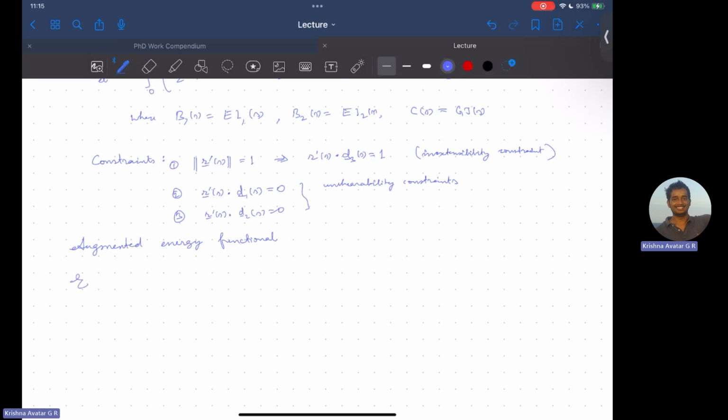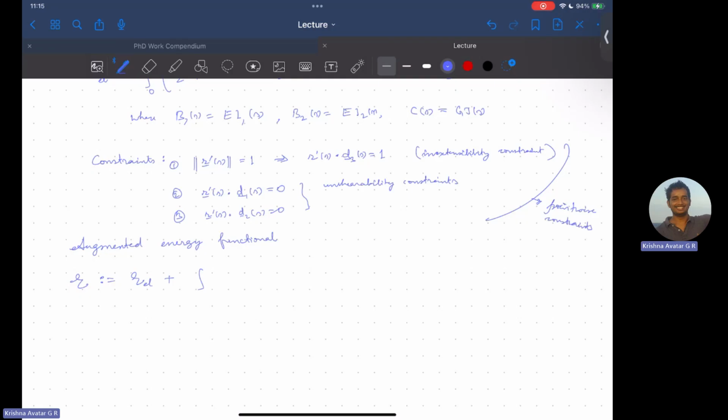So the total E will be defined as E elastic plus half of E elastic plus. These are all pointwise, and in optimization terms they are called pointwise constraints, since they have to be satisfied at every point.